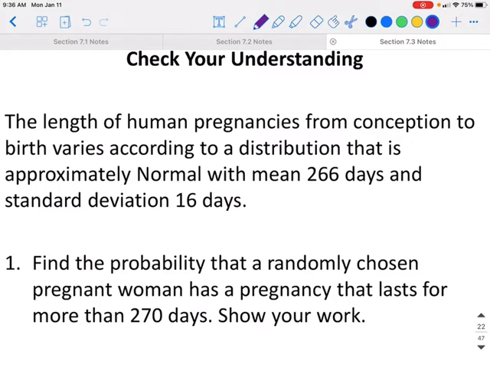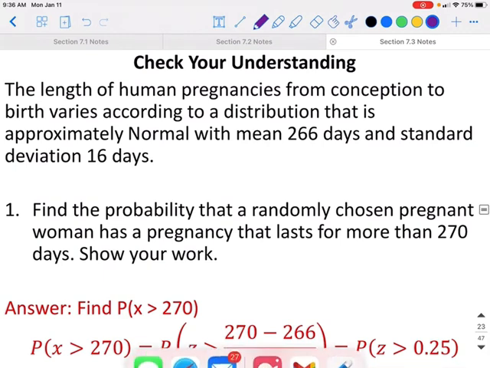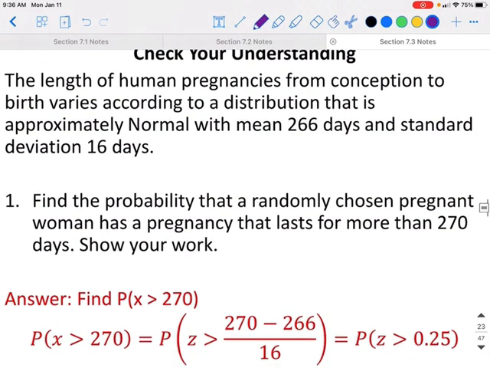We are looking for probability, so we are going to start by finding that z-score. And remember, z is equal to x minus mu over sigma. If we do this, we're going to find our z-value is 0.25. So we want to find the probability that z is greater than 0.25. Remember, table A tells us the area to the left.